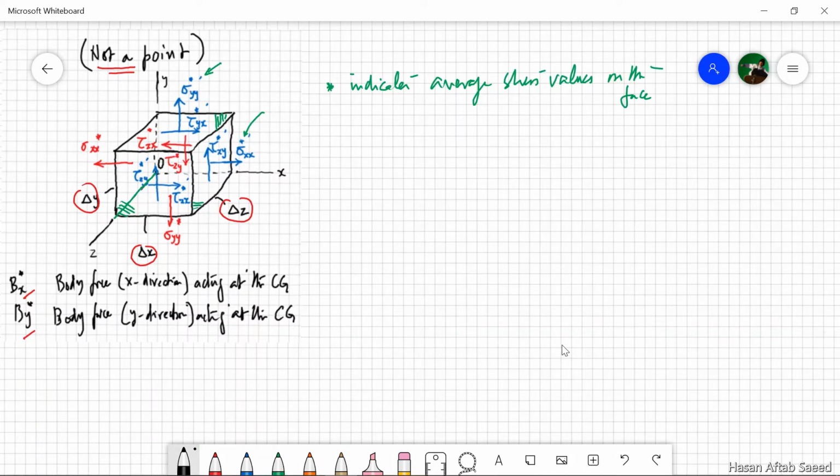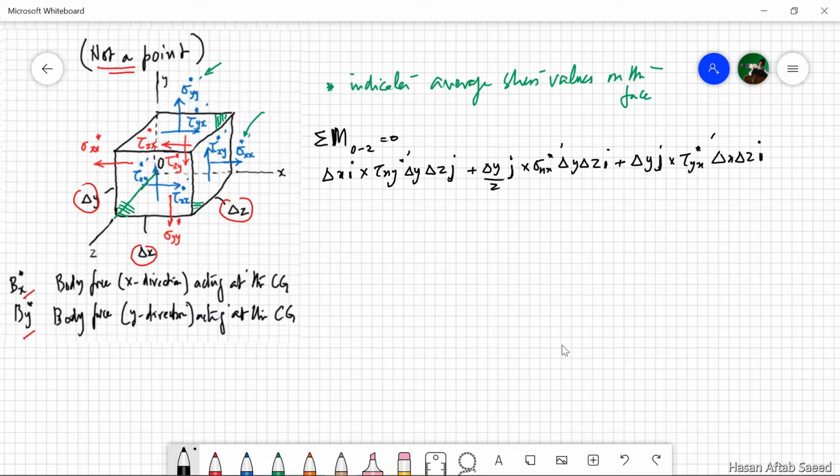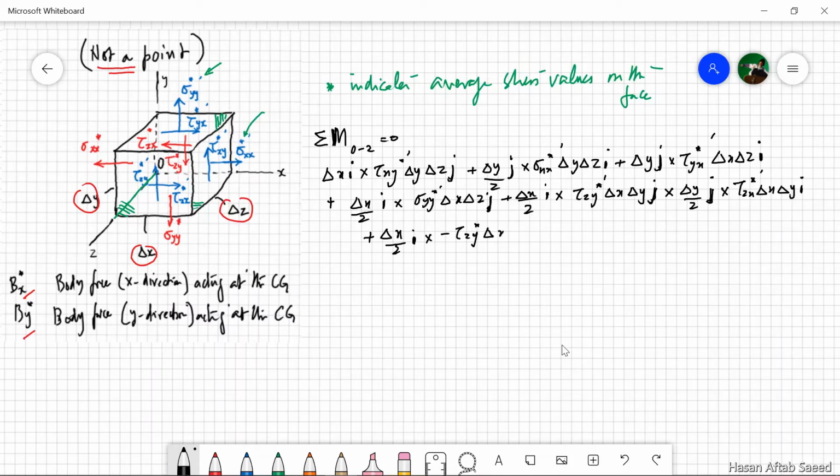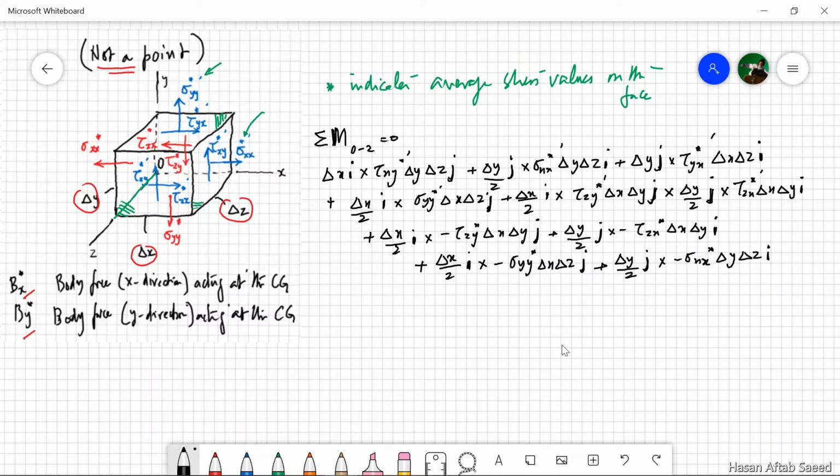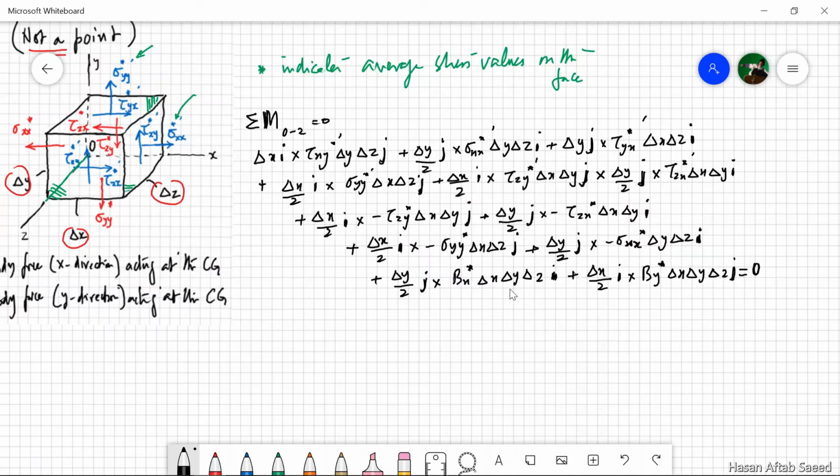Now let us write down the moment equation in vector form. Now taking cross products and dividing by the volume delta x, delta y, delta z throughout.